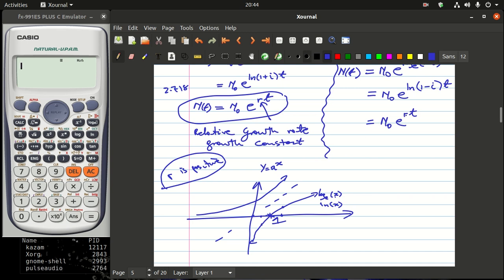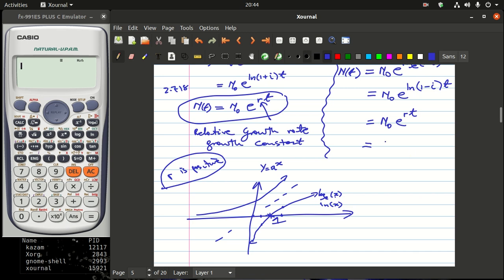So I will get a negative value. So our R here, we say it is a growth rate constant. So we wanted to rewrite this using a rate that is positive, because when I pick a value here, I always get a negative answer here.